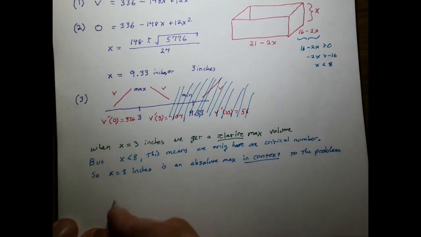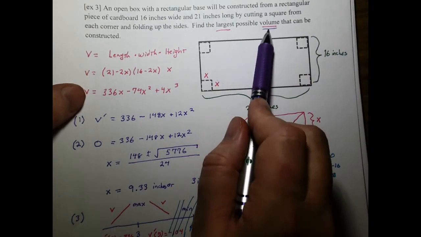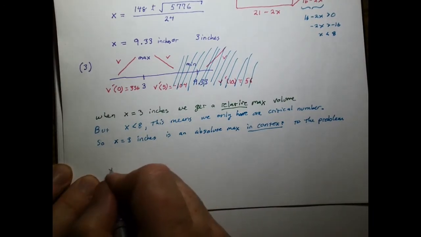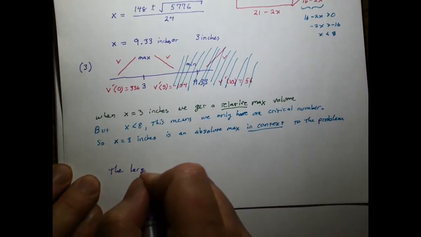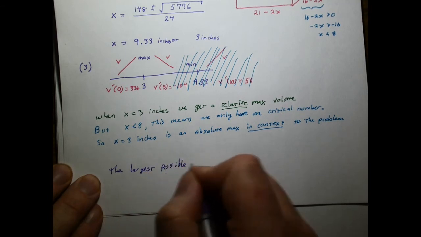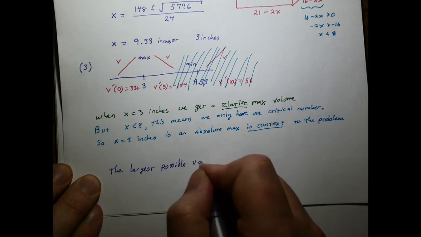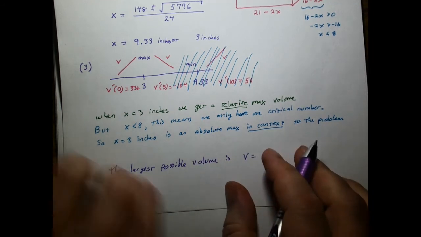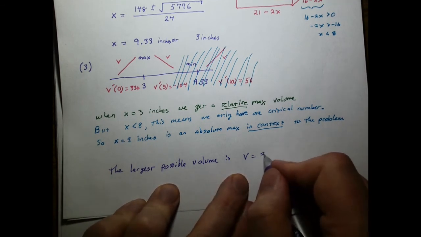All right. Now the question asked for what was the largest volume, which means we can say the largest volume is whatever we get when we put 3 in for x.